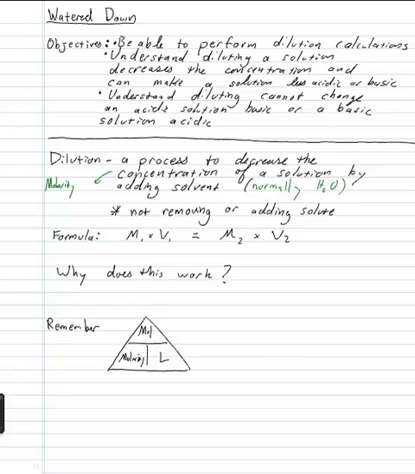And the formula we're working with here is M1V1 is equal to M2V2. M1 is our initial molarity, our starting molarity, and V1 is our starting volume.